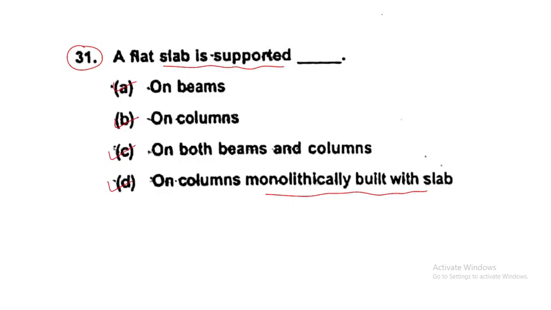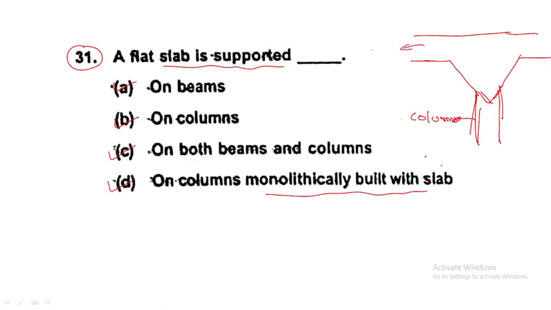You can see that, for example, this is a slab, right? Either it may be like this or sometimes it may be closed like this. So this is the column, and this is the slab, the flat slab.